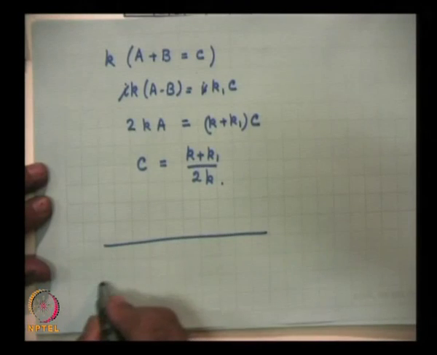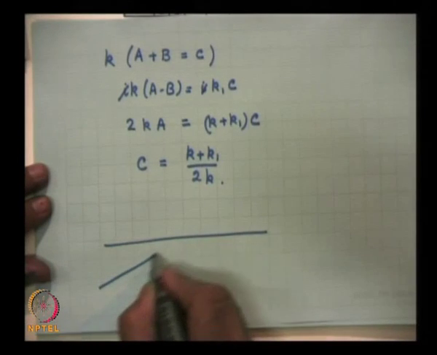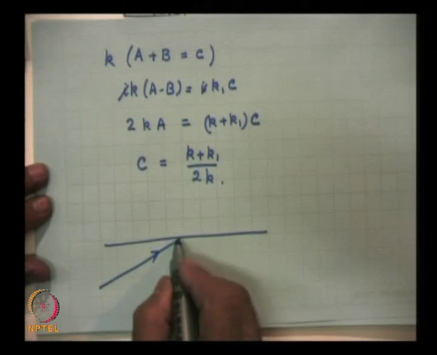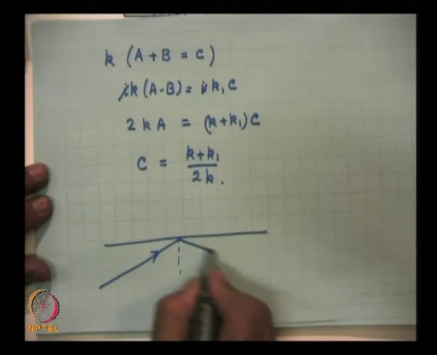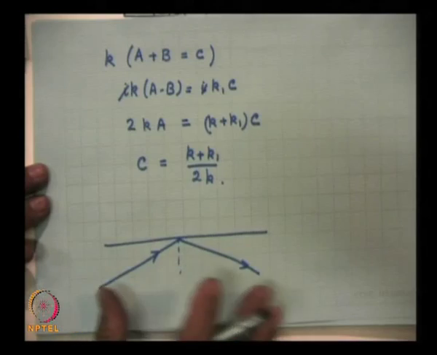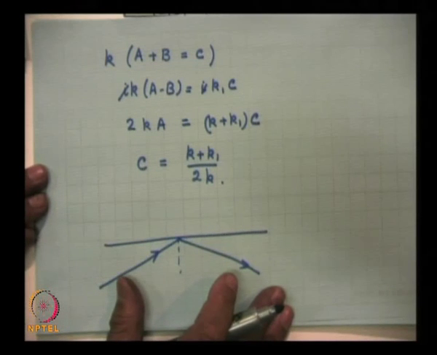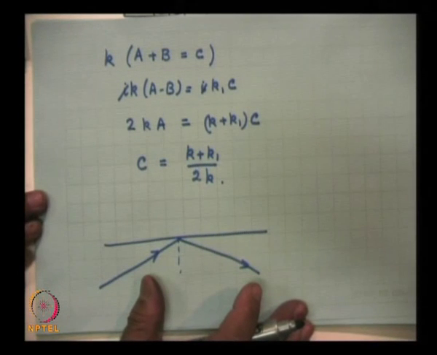In optics or electromagnetic theory, when you have a beam coming in and undergoing total internal reflection, then according to ray optics the total energy gets reflected.